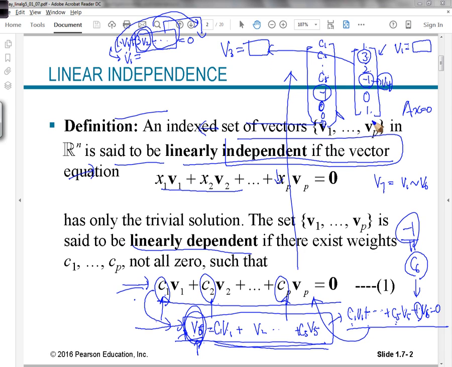So then what is not possible for this equation? V5. Because in this equation, originally V5 didn't even exist. In our non-trivial solution, V5 was not part of it, so its coefficient remained 0, right?